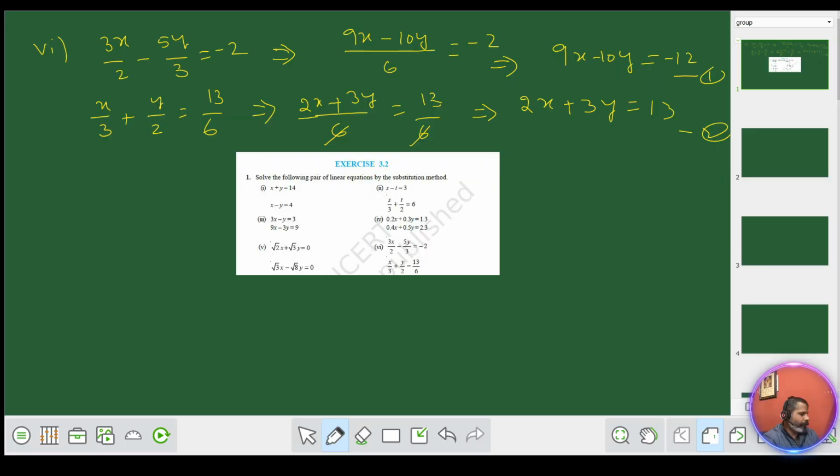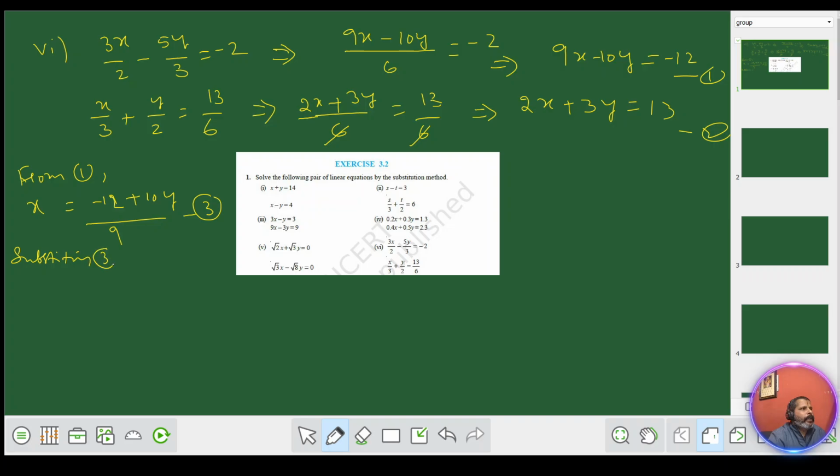Okay. Now from the equation 1, I solve for x. X is equal to minus 12 plus 10y, right? Minus 12 plus 10y by x coefficient is 9. We call this as 3. Now substitute this 3 in 2. We get, write that.